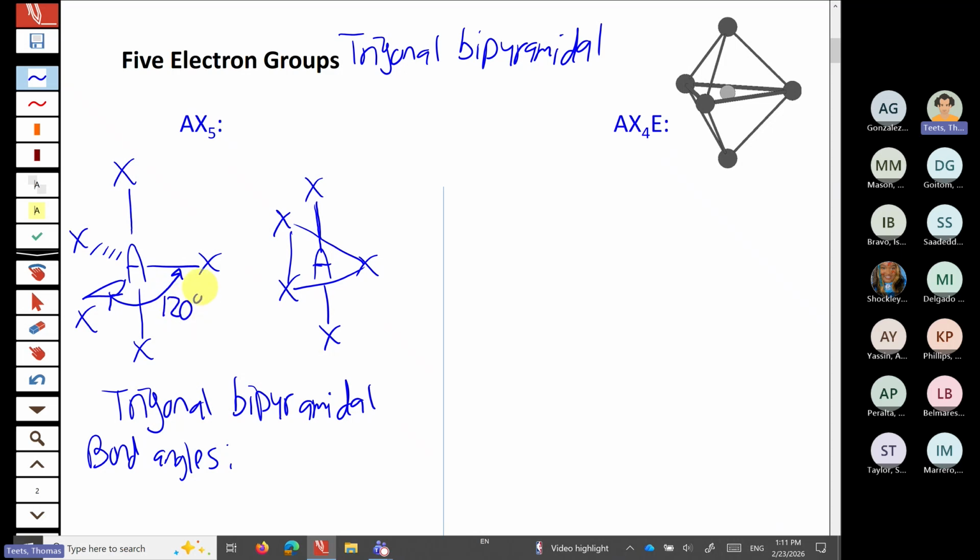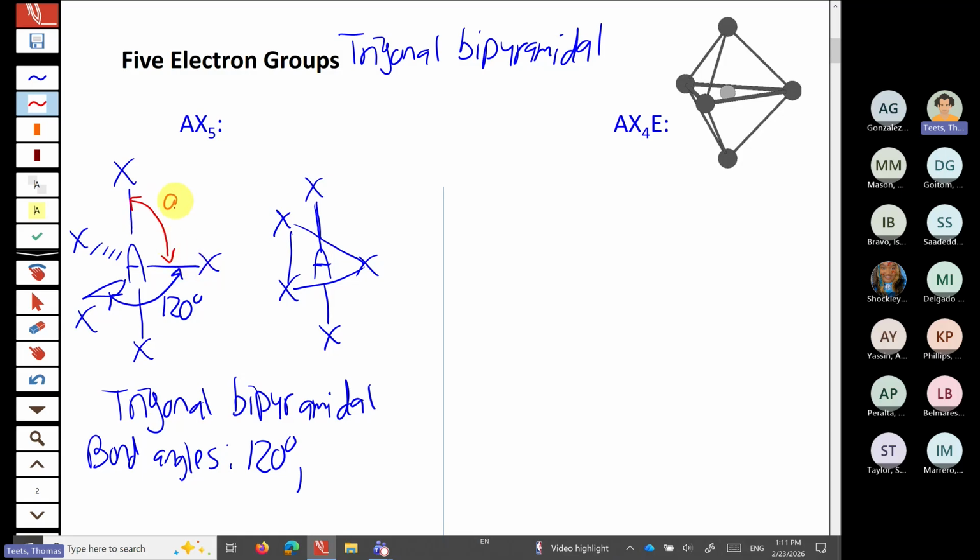We saw that 120 degrees was the angle for trigonal planar. So there's going to be 120 degree bond angles in the trigonal plane. But then what you also have is the angle between one of the apical positions, as we call it, one of the top or bottom ones, and the neighboring atom in the trigonal plane.